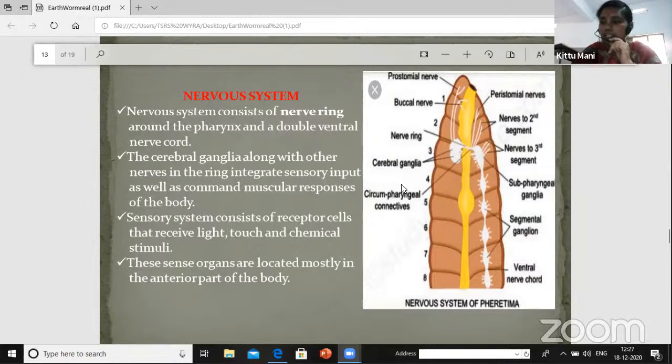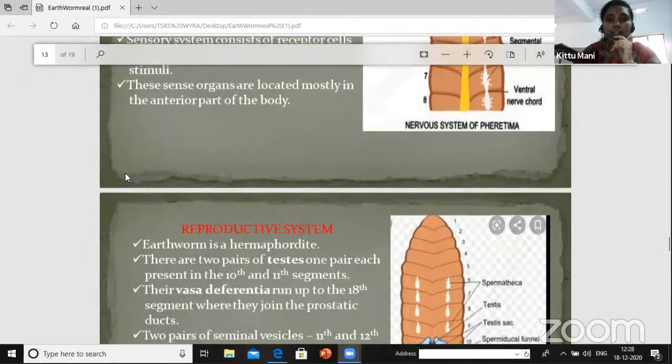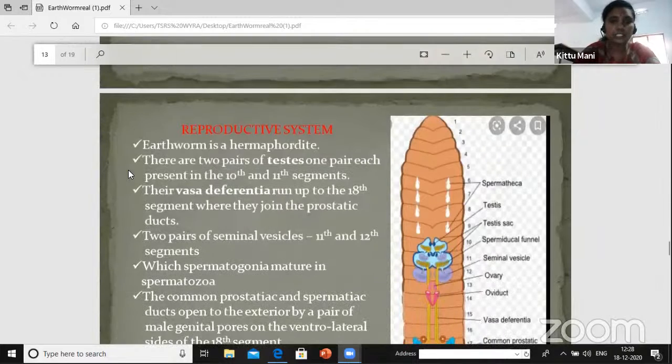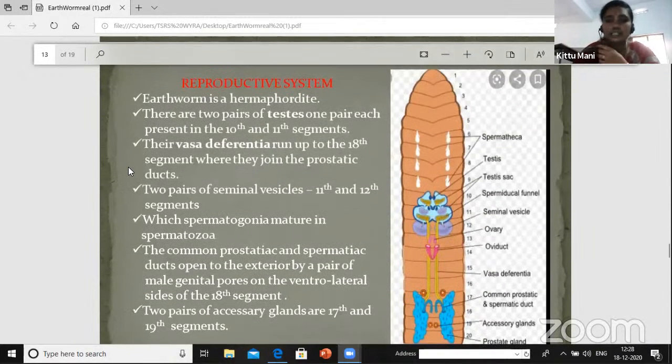Okay students, next we will enter into the reproductive system of the earthworm, Pheretima. The reproductive system is the generating system, producing offspring. The earthworm is a hermaphrodite.